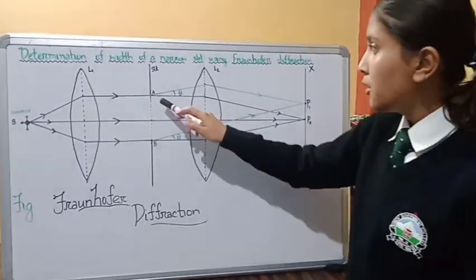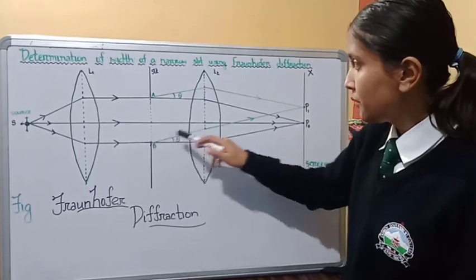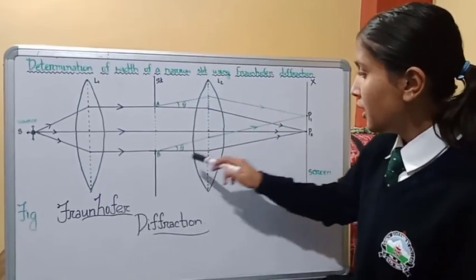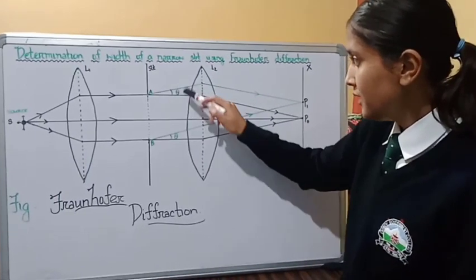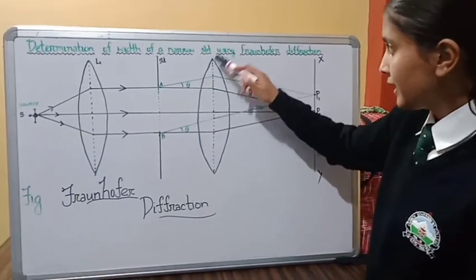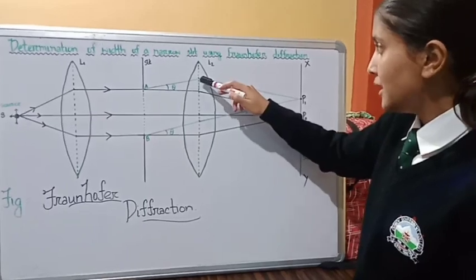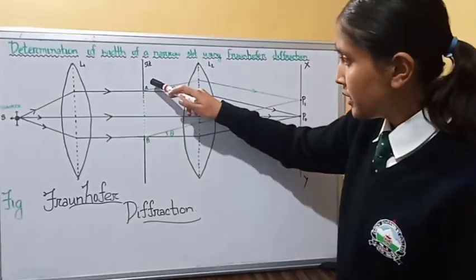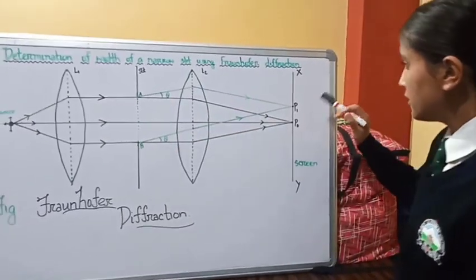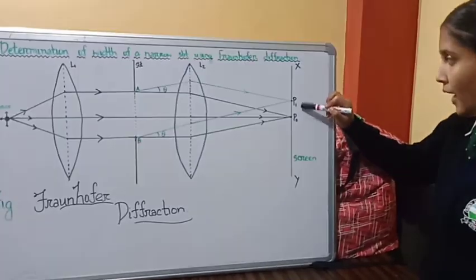Now, at points A and B, the light rays will get diffracted with angle theta each and will reach the lens L2, and from lens L2 the light rays coming from points A and B will get converged to point P1 on the screen XY.